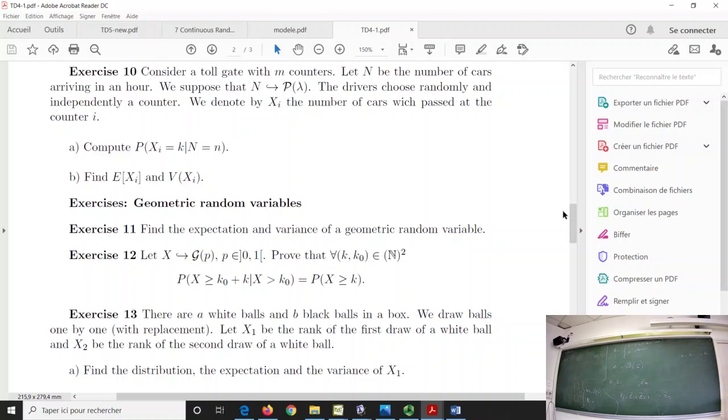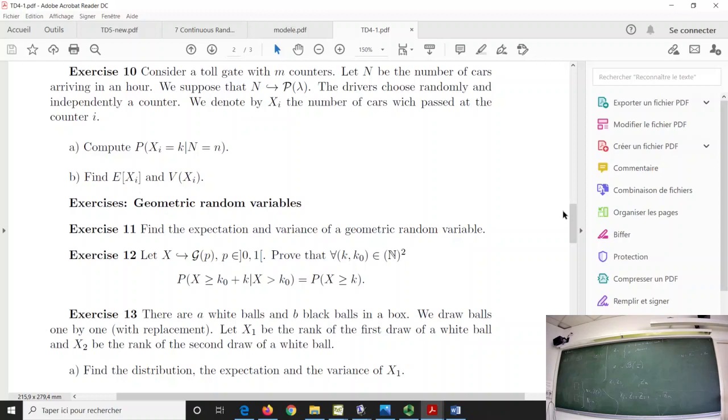So, each of them follows a Bernoulli of parameter 1 over m, okay? What can I say about these random variables? I know that the drivers choose randomly and independently. Independently means that these random variables are independent and all have the same distribution, a Bernoulli of parameter 1 over m.